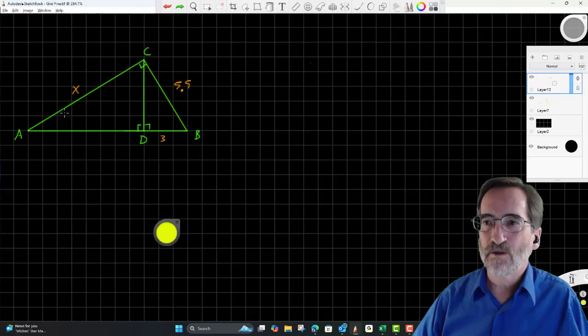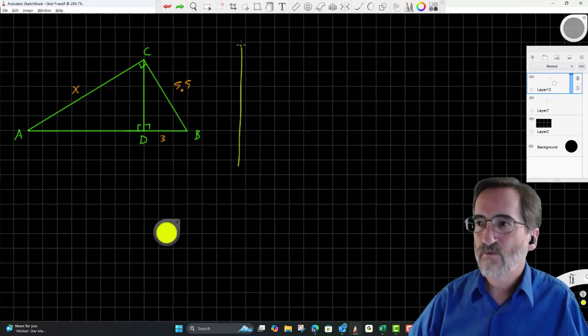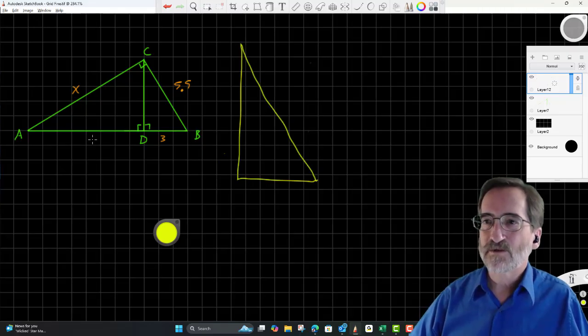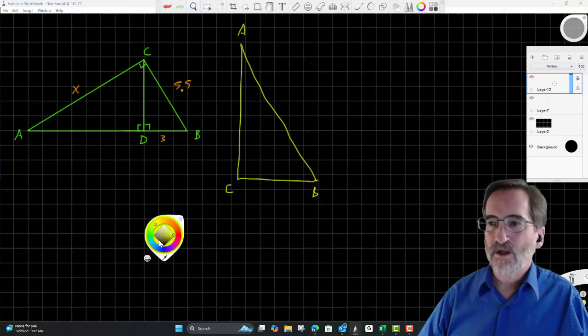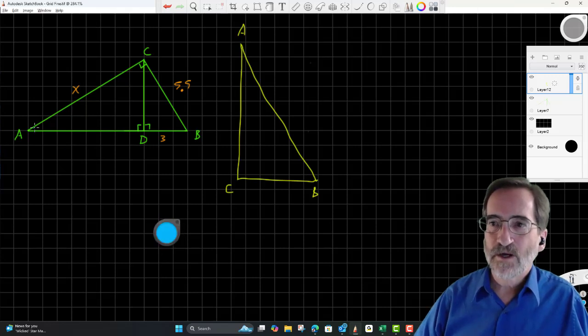Let's draw out the large triangle and label the vertices. Small angle, right angle, medium angle, ACB. Okay, and then we've got a medium triangle.